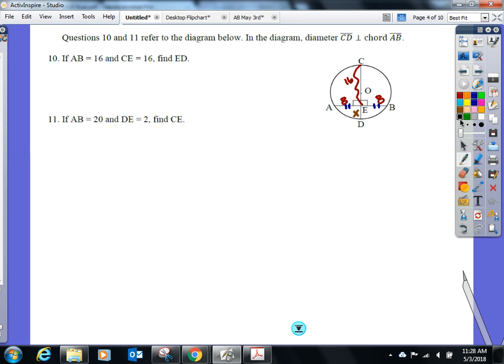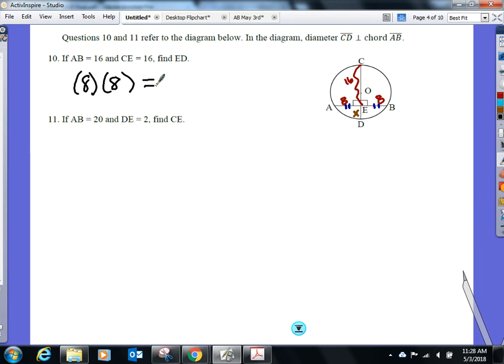So the product of 8 and 8 is going to be the same as the other chord that it intersects, 16 and X. Yep. Their segments are equal to each other. And then you're on your way.